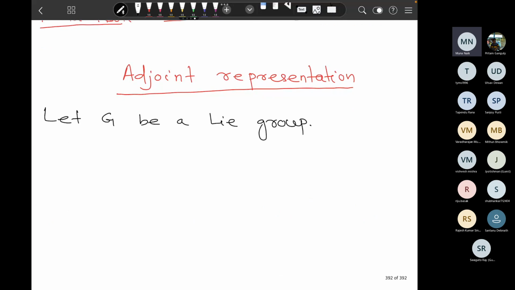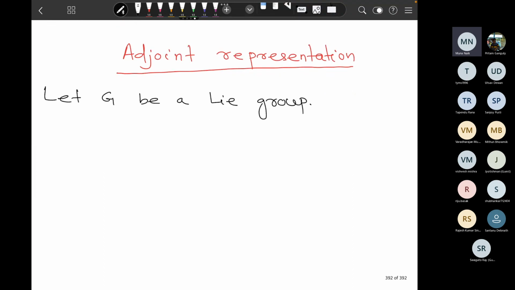So today we will talk about something called the adjoint representation. It is a very important concept. Let G be a Lie group.